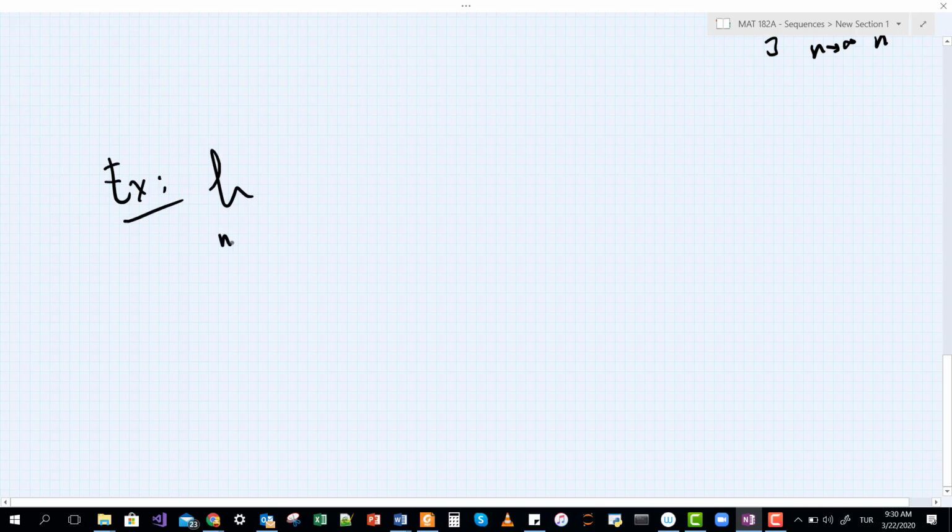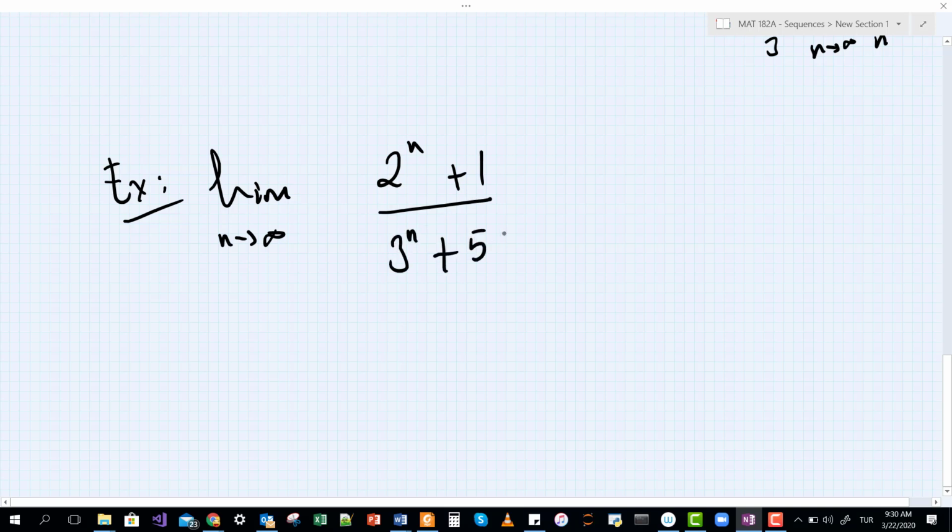Limit when n goes to infinity of 2 to the n plus 1 over 3 to the n plus 5. To be able to solve this problem, as in the previous example, I'm going to use another feature we saw before.